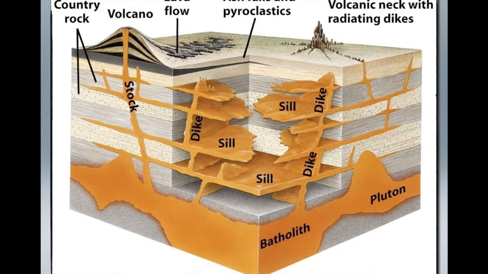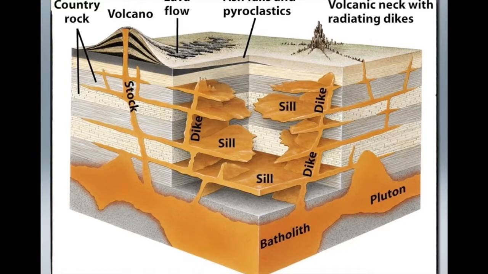But as volcanoes cool and die, the sedimentary layers and the pyroclastic flows and the materials that the volcano spews fall out, and as it cools and dies, it's left with a series of these dikes, and they're radiating out from the cone or the center of the volcano. And you get these really interesting and pretty neat looking dikes that are radiating out of the center of a system.